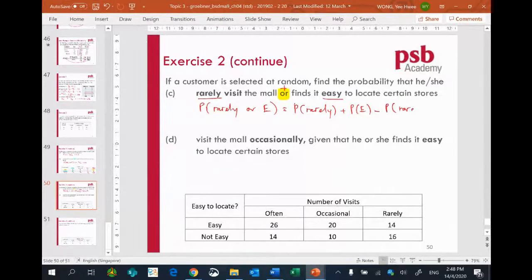So rarely and easy. Rarely. Oh, I could write all over again. This is total. This is total. 40, 30, 30, 100.